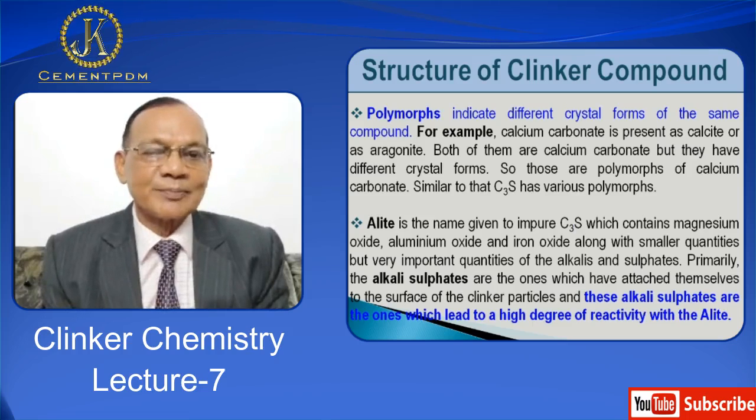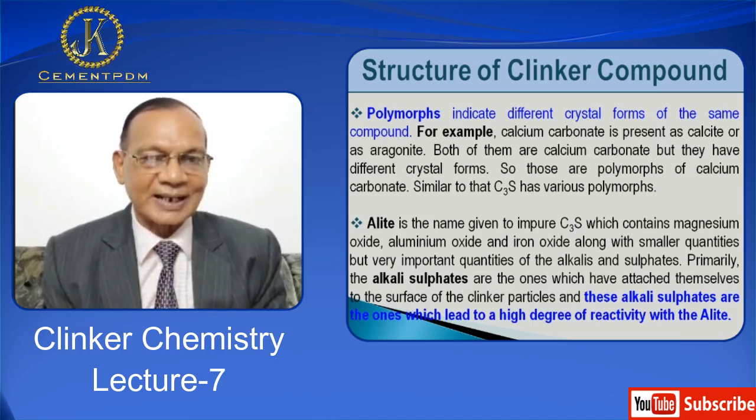For example, calcium carbonate is present as calcite or as aragonite. Both of them are calcium carbonate, but they have different crystal forms. So those are polymorphs of calcium carbonate. Similar to that, C3S has various polymorphs.